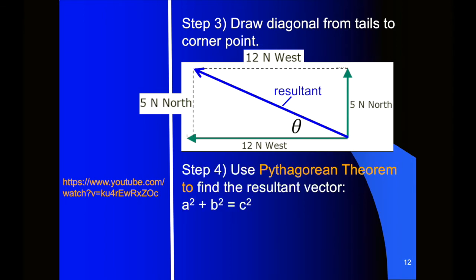Step 4 would then be to use the Pythagorean Theorem, just as we did in the tip-to-tail method. And remember, that is a squared plus b squared equals c squared. When we substitute the numbers in for the a and b variables, we get the same exact answer, r equals 13 newtons.